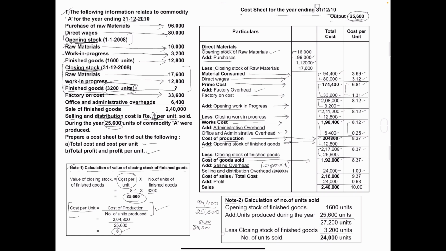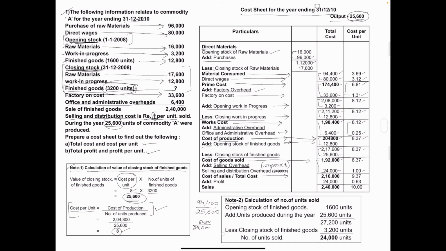Now add these two amounts: 1,92,000 plus 24,000, and you will get 2,16,000, and here 9.37, and this is called cost of sales or total cost.